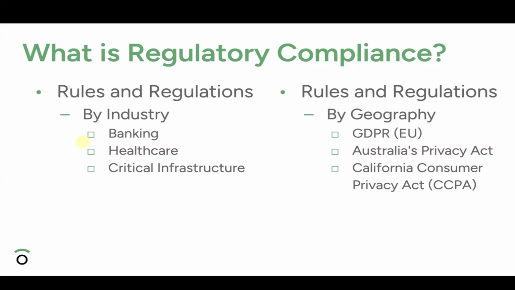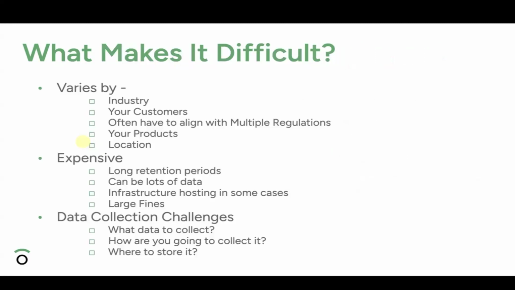For example, if you're living in the EU, GDPR is going to be important to you. If you live in Australia, or even California, there are going to be different laws that you would need to adhere to on what type of data, how long you keep it, what you do, and how you are securing that data as well.